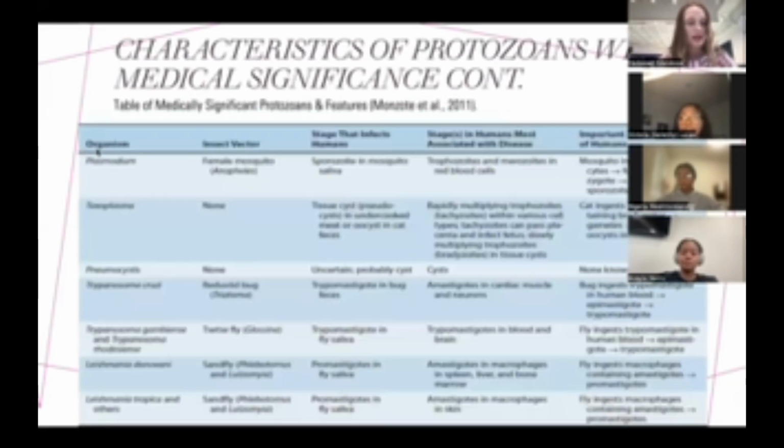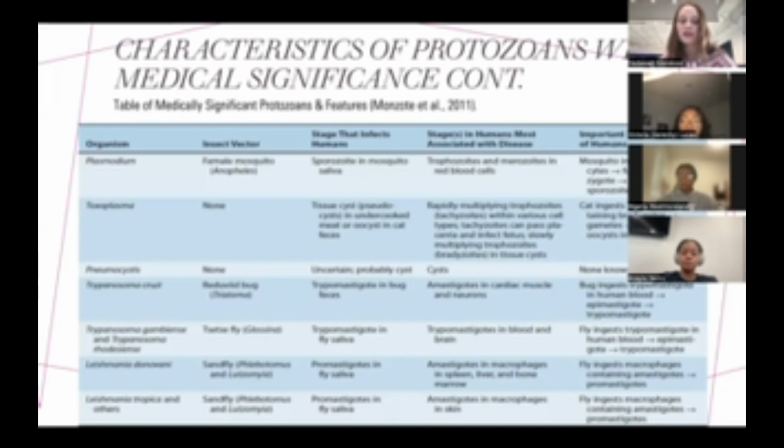Additionally, this is a table of some of the most common and medically significant protozoans: Plasmodium, Toxoplasma, Pneumocystis, Trypanosoma cruzi, Trypanosoma gambiense, Trypanosoma rhodesiense, Leishmania donovani, and Leishmania tropica.